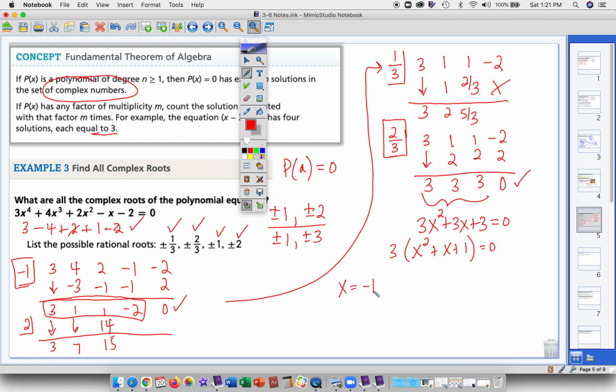So it's (b plus or minus the square root of b squared minus 4ac) all over 2a. So that's 1 plus or minus the square root of 1 minus 4. So the i comes out, the 3 stays under the root, and there's my 2 imaginary solutions.